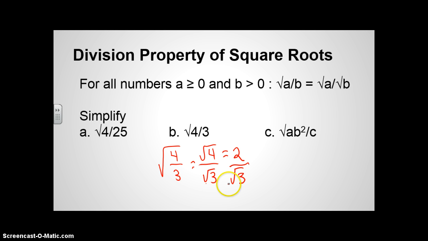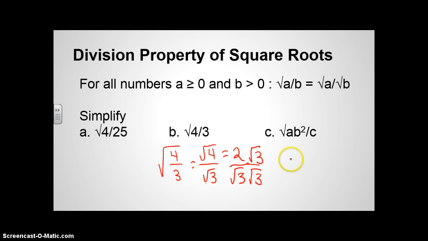But you cannot have a radical be a denominator, based on those steps I said in the previous slides, like 2 slides ago. So what I'm going to do is multiply the denominator by the square root of 3, but I'm also going to multiply the numerator by the square root of 3.